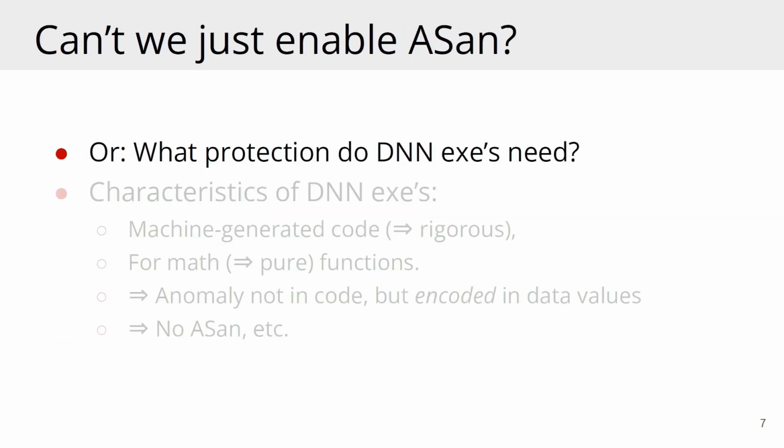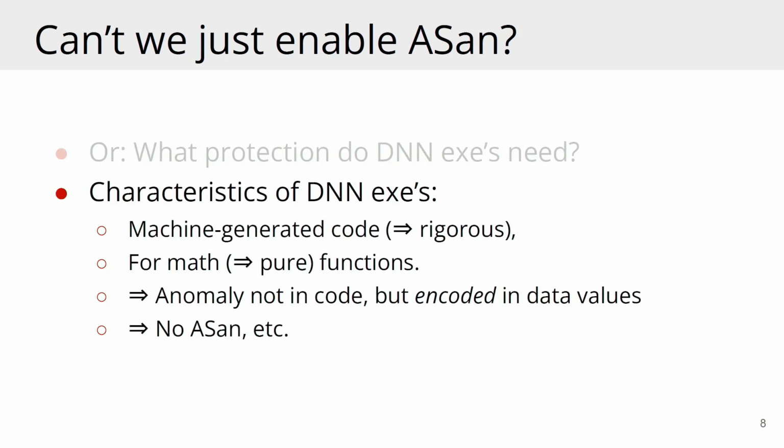But at this point, you may think, well, can't we just enable ASAN again? I mean, it has worked really well on traditional binaries, and it should work just as well on these new binaries, right? Or alternatively, we should ask the question: what protection do DNN executables need? To answer that, we can look at the characteristics of DNN executables. Firstly, they are mostly machine-generated code, which means they're not written by humans, so they're not that error-prone.